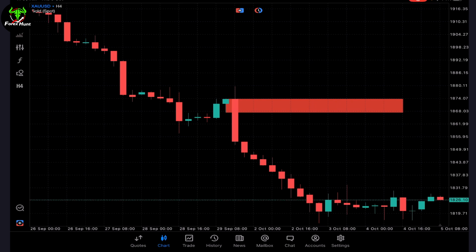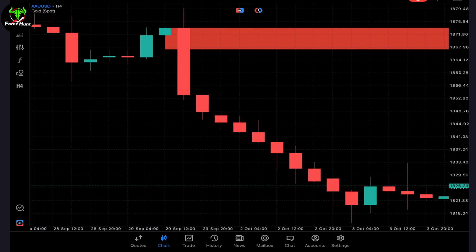That is a bearish engulfing, and the opposite is a bullish engulfing. So right now we are marking a sell order block. This is an H4 order block, so here is a sell order block.